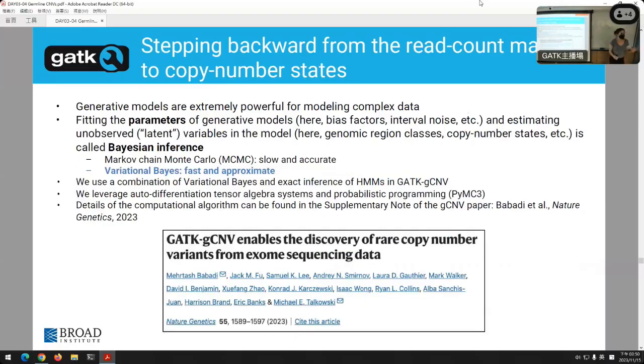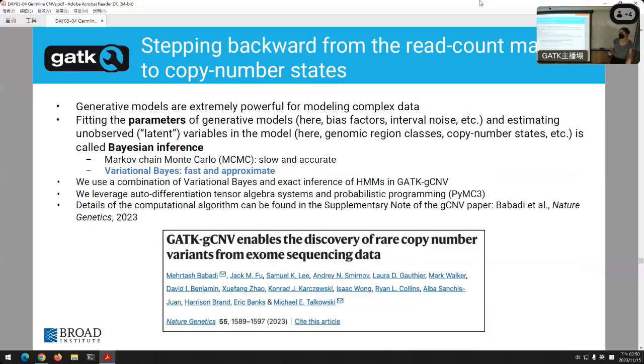Once we have described those relationships with this generative model, we can use Bayesian inference to go in the reverse direction and use the actual observed data to estimate the copy number state in each individual at each interval.